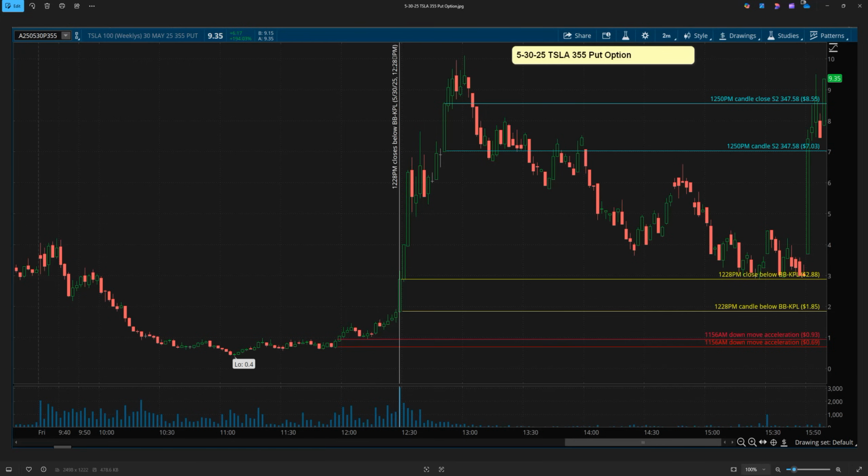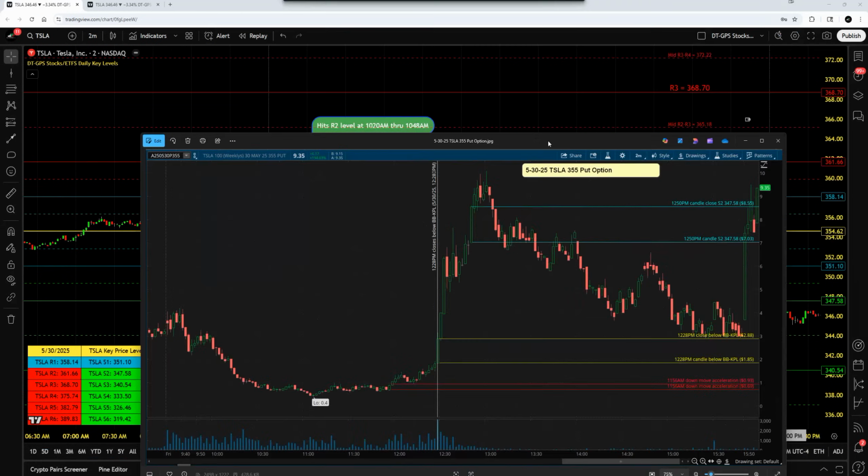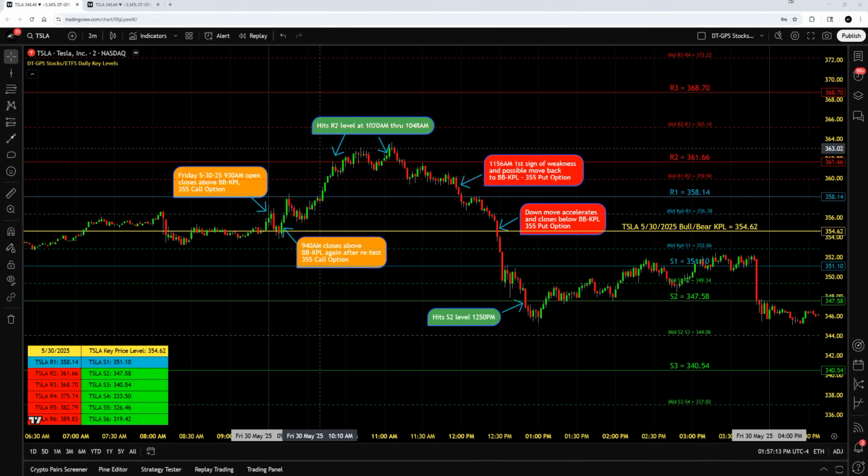So if you were so inclined to take a lotto play on Tesla for the day, and like I said, if you already had a significant amount of profit from this move here, this long trade here, that at this time here, 11:06, in this range here, this 355 put option was 40 to 45 cents.